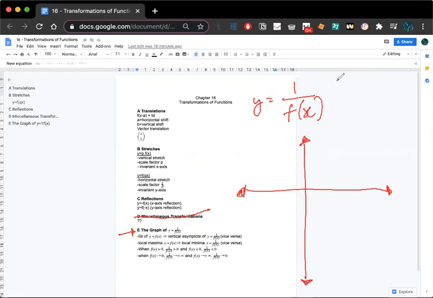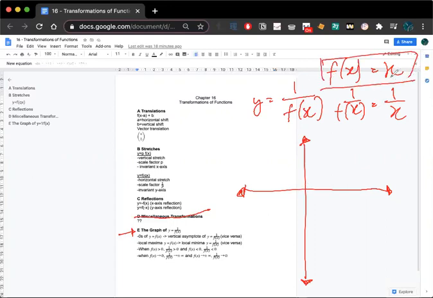Okay, so let's just say if we have f(x) as x, then 1 over f(x) would be, well, technically 1 over x. Since this is denoted by this, then this would be the graph of f(x), and the graph of 1 over x would be something like this.